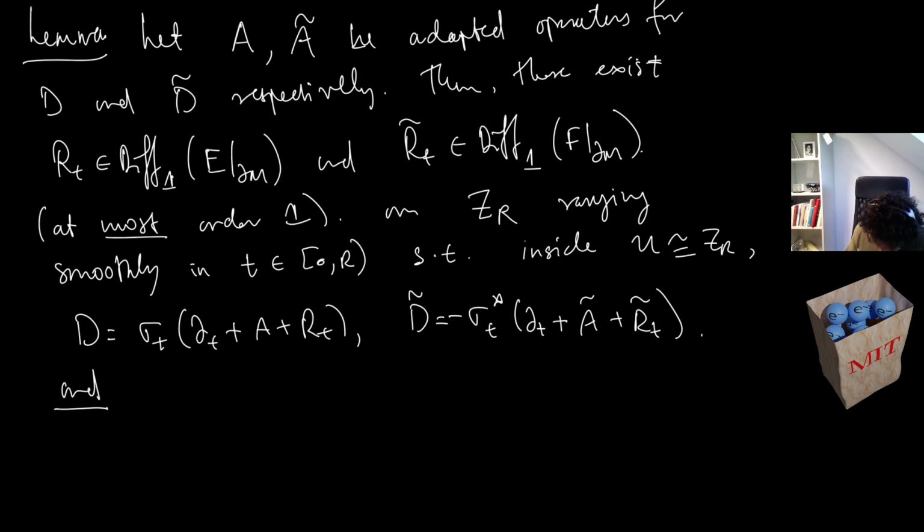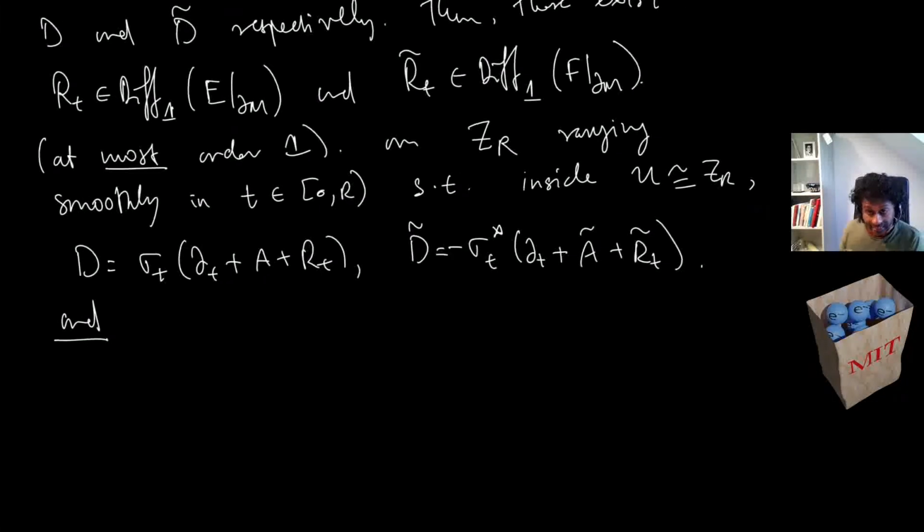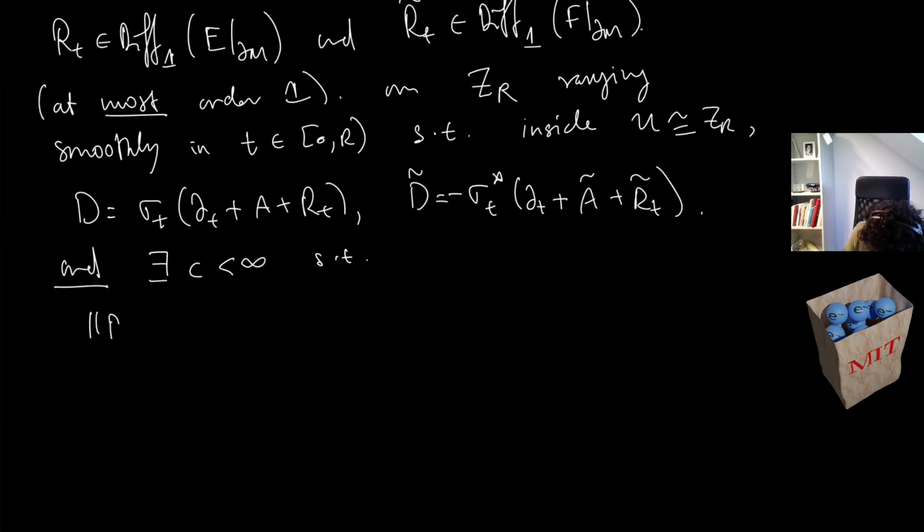And so this is the most important part, because we need an estimate, right? If we want to somehow reduce the operators from one to another, we need an estimate. So there exists some finite constant such that R_T of u can be controlled on L2 of M against a constant. So the question is, what is the sigma_T? Well, maybe I should just tell you that now.